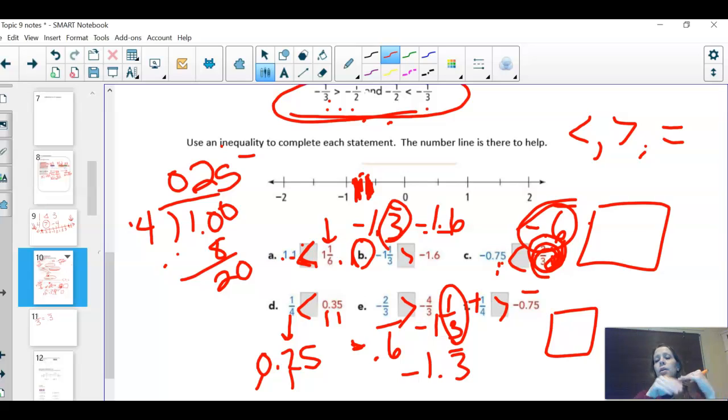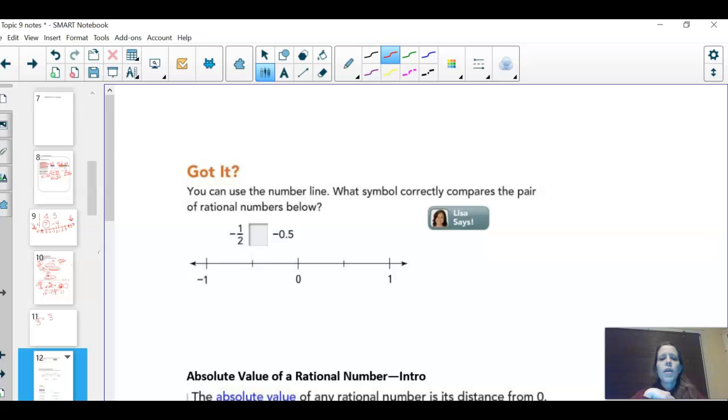Tomorrow we're going to really review a lot of this too. Mañana vamos a revisar todos de esto. Okay? Let's go ahead and let's try the next one. Go ahead and you can use the number line if you need to, or you can divide it. Go ahead and write your answer in the box.